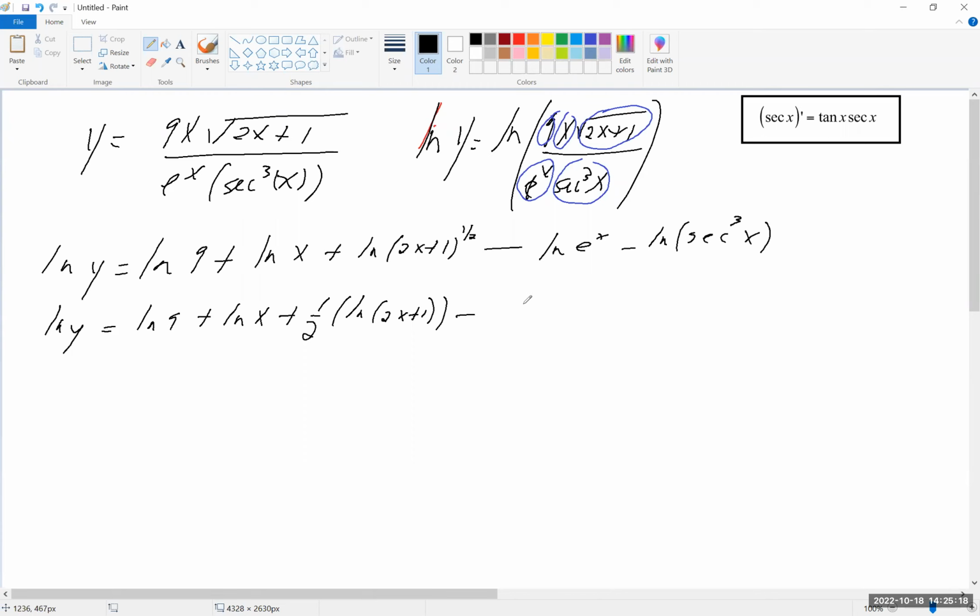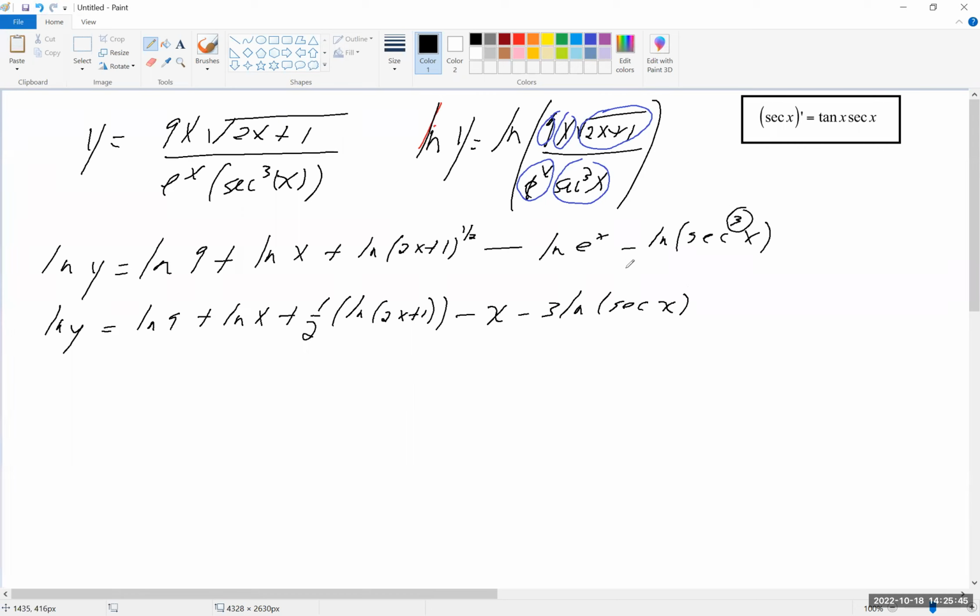The natural log of e to the x is x. And then this is 3 times the natural log of secant of x. So I'm able to bring this 3 to the front.